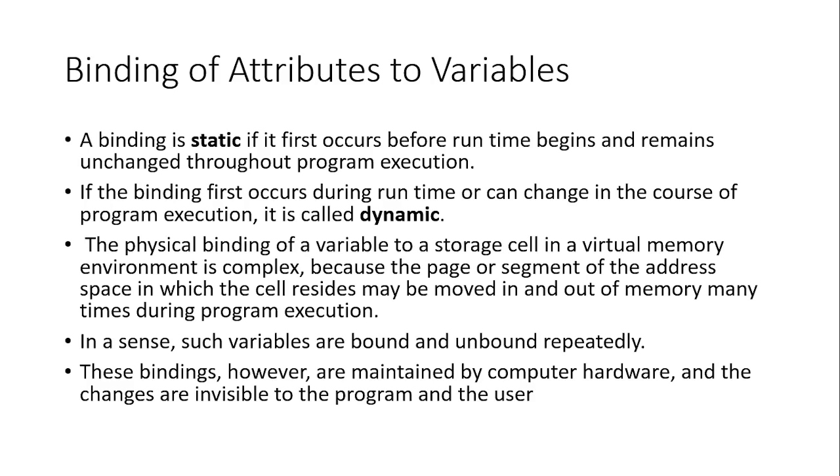In such cases, we can say such variables are bound and unbound repeatedly. These bindings are maintained by computer hardware and the changes are invisible to the program and the user. We, the programmer or even the user, will not be aware of any of these swapping procedures.